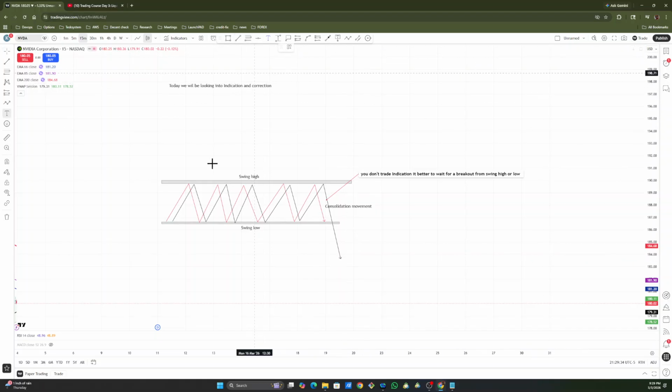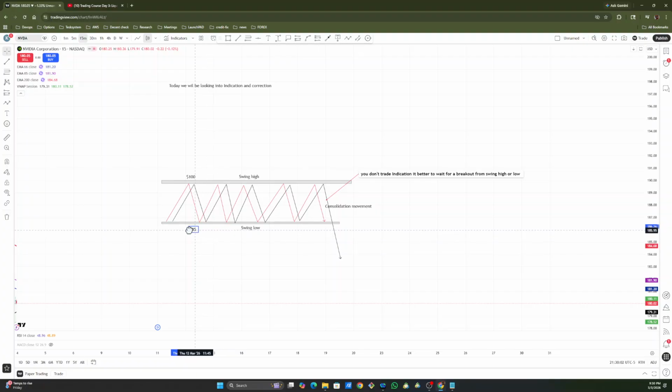Let's say, for example, right here the price was $100 on the swing high level, which is the level of resistance. Then this level of support, let's say the price is around $85.